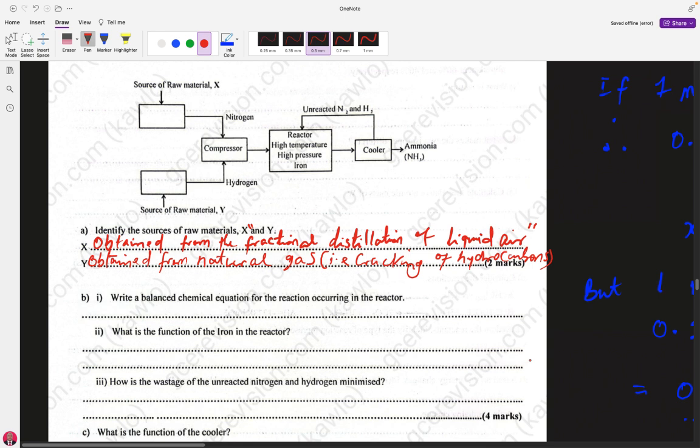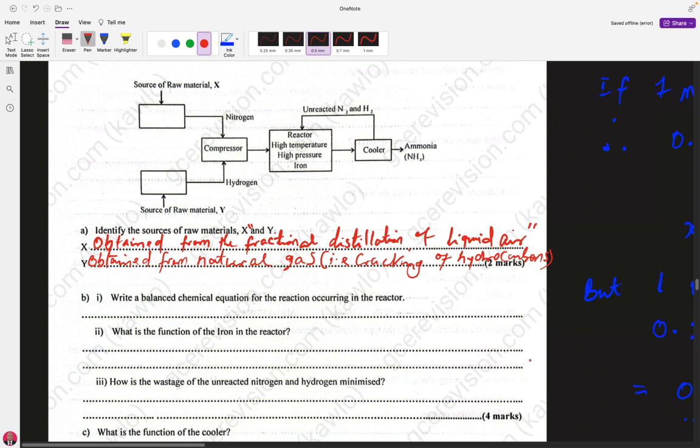You know that air is a combination of different gases. So through fractional distillation, it helps to separate the different components of the air into their different forms.